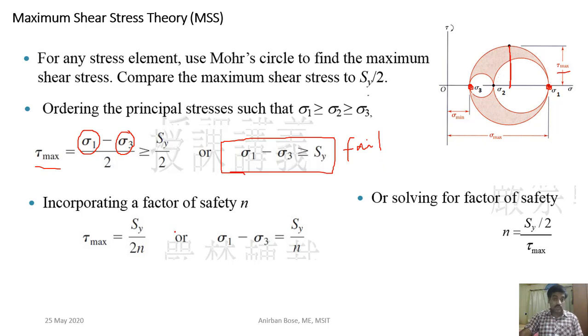If you consider the factor of safety, then sigma 1 minus sigma 3 is equal to Sy divided by the factor of safety. This is the way by which we can use this particular theory.